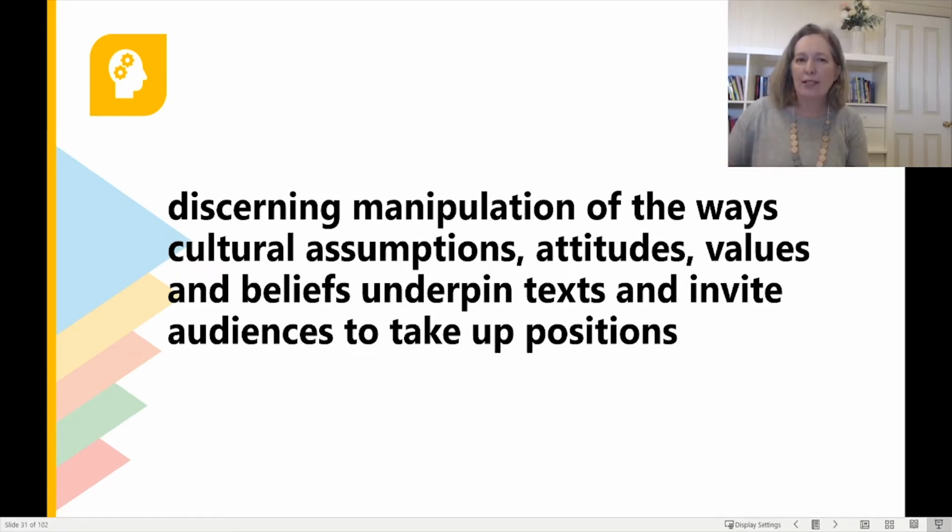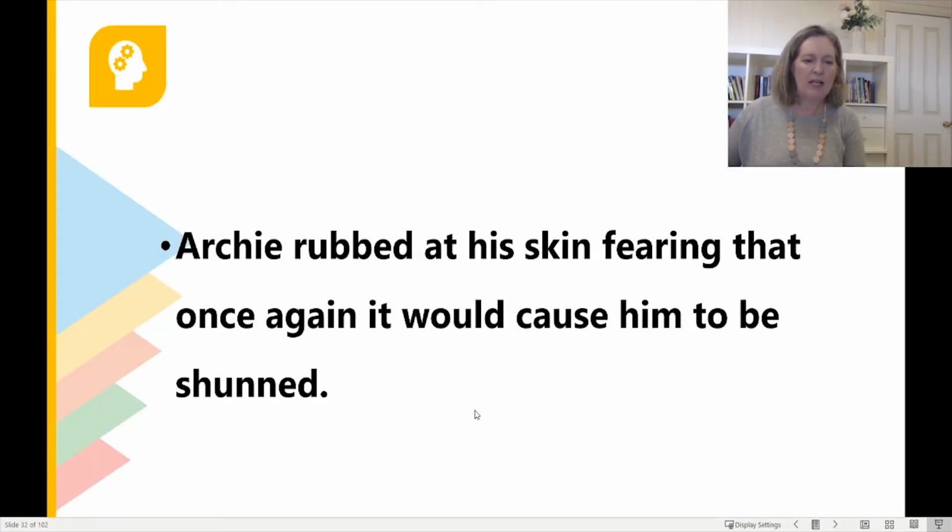So how do we do it subtly? Well, for example, let's have a look at this particular sentence. So if we take the sentence, Archie rubbed at his skin, fearing that once again it would cause him to be shunned. Okay, now, yes, Archie might have a dermatological condition, but more likely than that, his skin is causing problems for a reason.